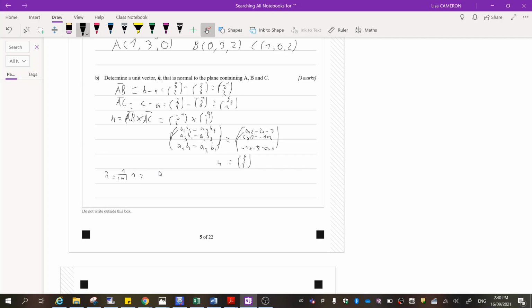So that would equal 1 over square root 6 squared plus 2 squared plus 3 squared times 6, 2, 3.